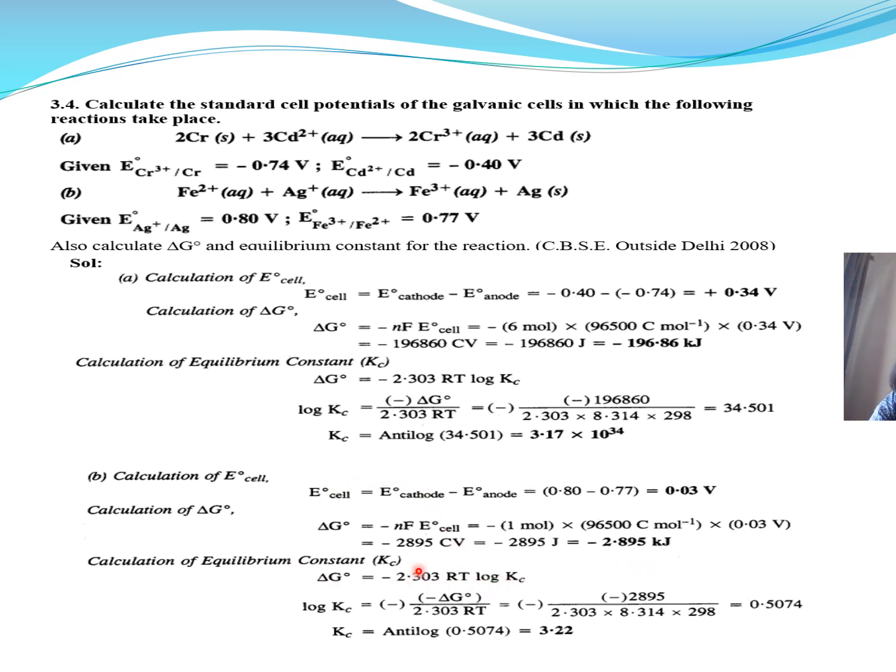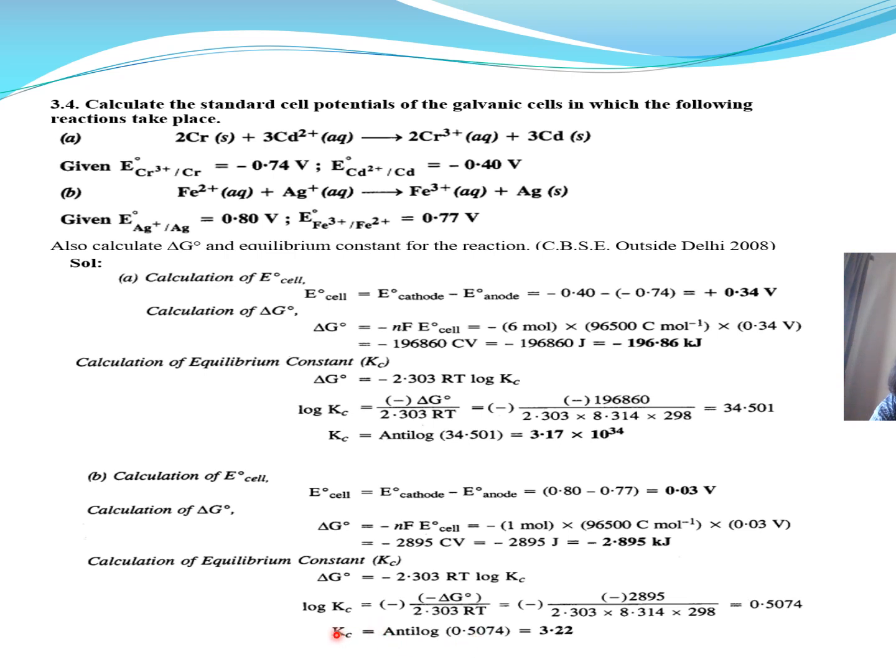Then you can calculate delta G. Delta G is equal to minus nFE naught. n, the number of electrons transferred, is 1, into 96500 into 0.03. That comes out to be minus 2895 joules, or minus 2.895 kilojoules. Now put the value here.